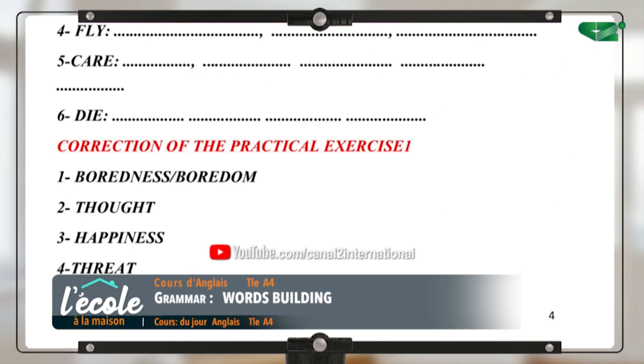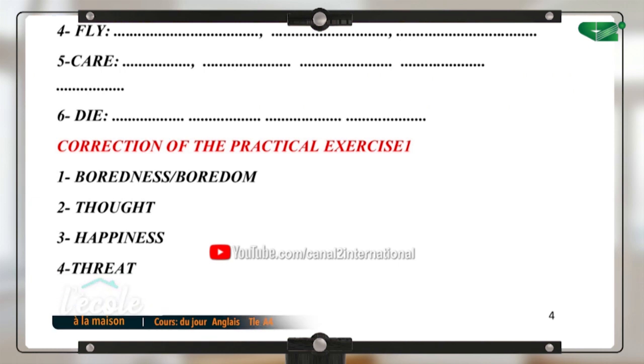The first one can be boredness. The second one can be boredom. We gave two answers so that the learners or the candidate during examination should be capable of having at least one in mind.